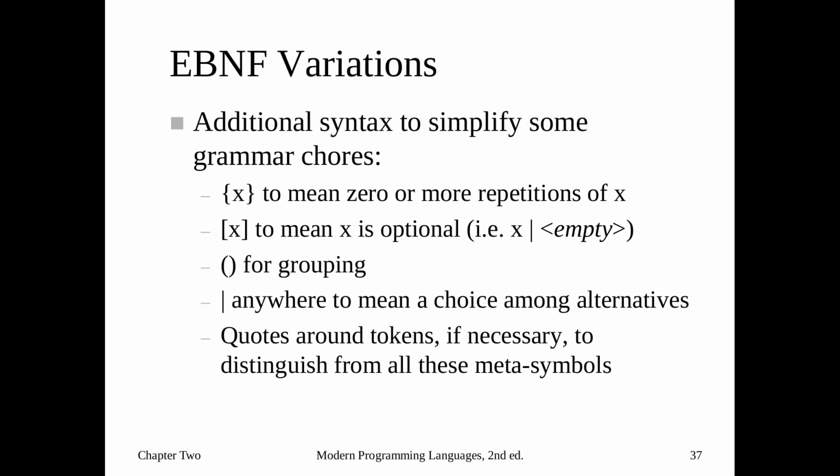So that's the interesting thing here. If we use curly braces around some portion of a rule, that portion can be repeated zero or more times. If we put square brackets around something, that means it is essentially optional. In other words, it can occur one or zero times. And then we can use parentheses for grouping things together, and within those parentheses we can also use the vertical bars.